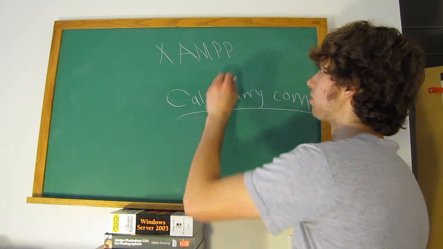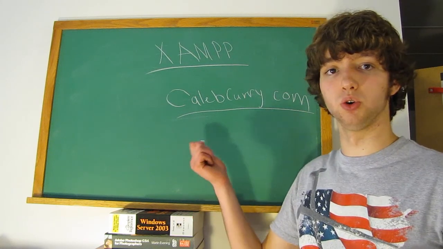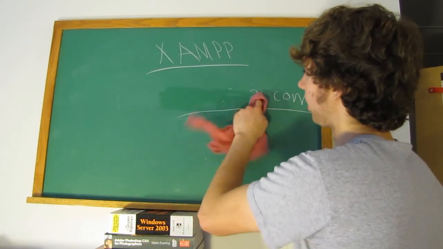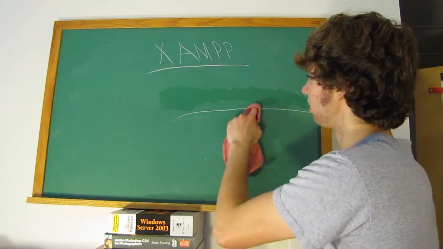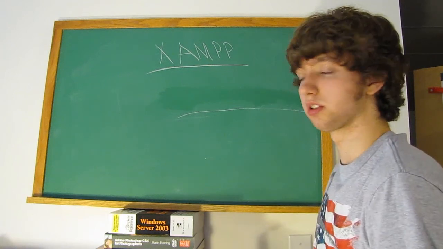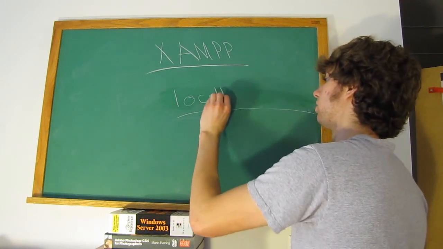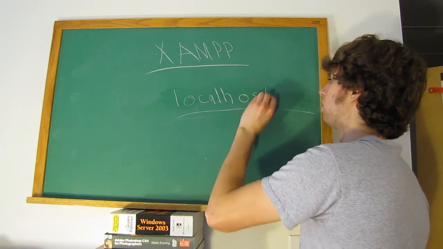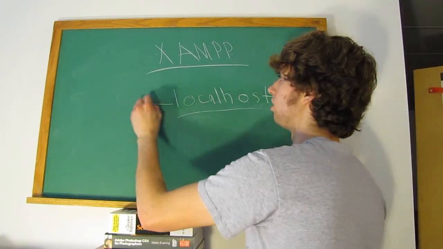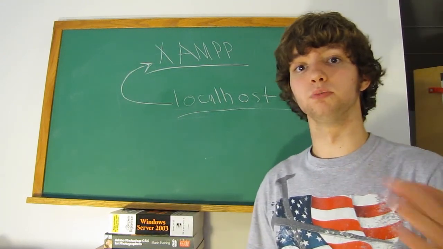If we want to access this server, we don't have what's called a URL, Uniform Resource Locator, custom made, so we use what's known as localhost. This is our new URL to access our virtual server on our own machine.